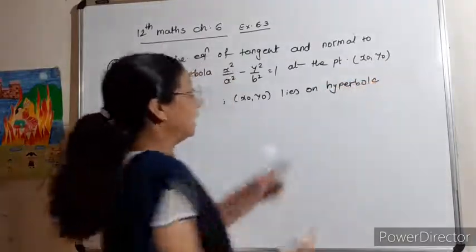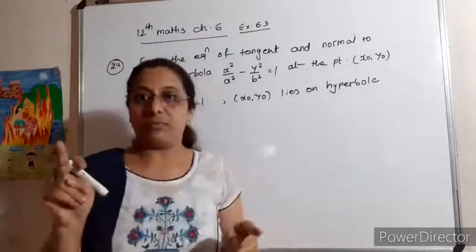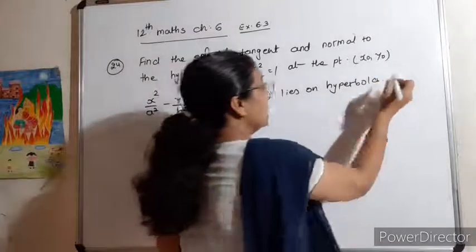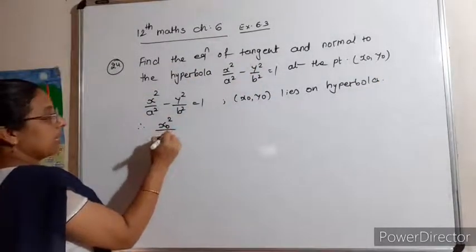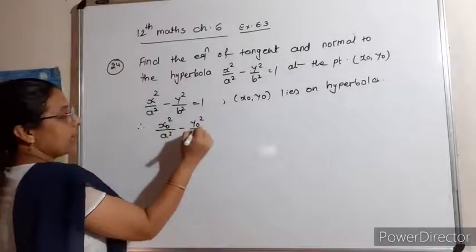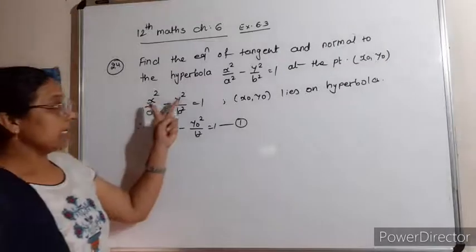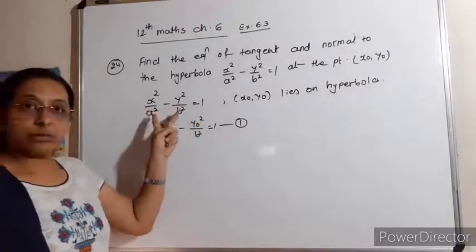Yes or no? This x0, y0 is the point of the curve, and therefore lies on the hyperbola. If it lies on the hyperbola, then x0 square by a square minus y0 square by b square is 1. This is number 1. We know that if this point lies on the curve, then it satisfies this equation.